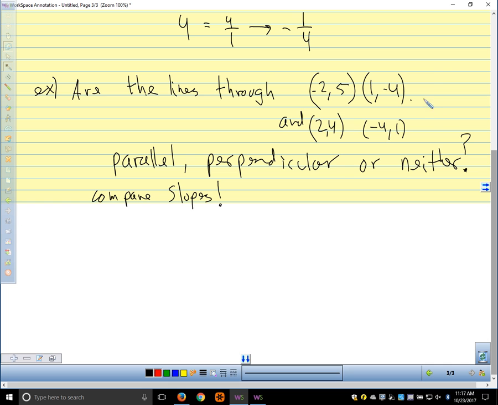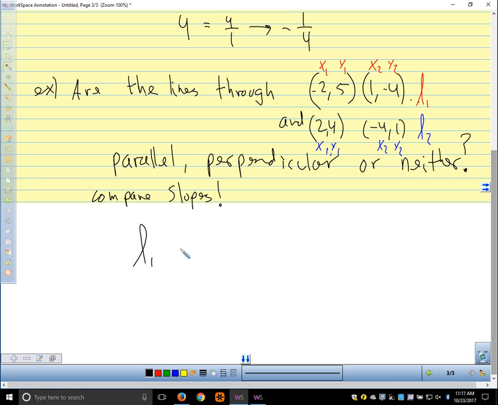So just like before, I'll call this line 1 and the second one line 2. Label my points x1, y1, x2, y2. Same thing for the second pair. And we're going to calculate our slopes.